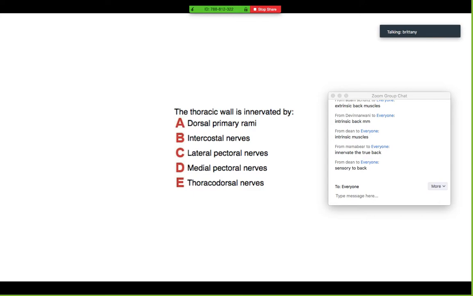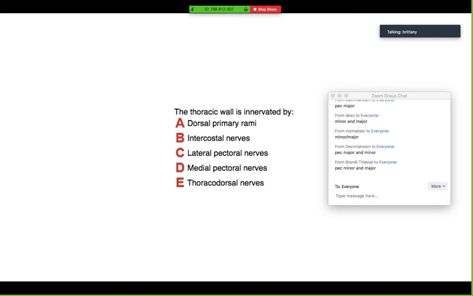Okay, what does the lateral pectoral nerve do? Correct. What about medial? So lateral does pec major. Medial does major and minor.